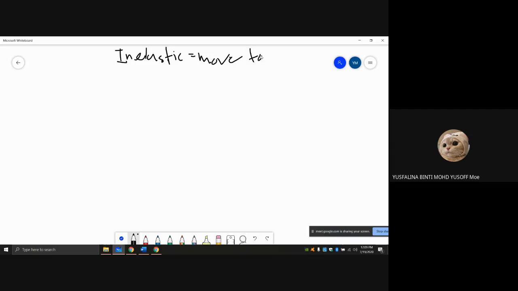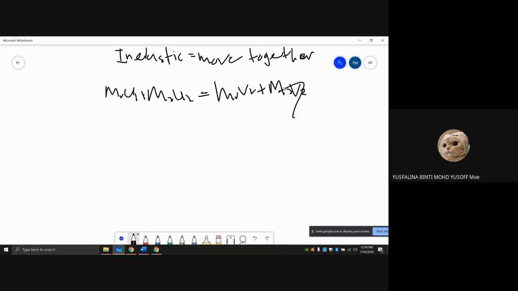And then the formula, which you have to memorize. M1 U1 plus M2 U2 equals M1 V1 plus M2 V2. Sorry, this is not the formula for inelastic, I gave you the wrong formula.